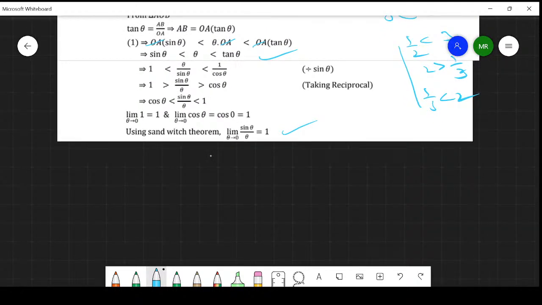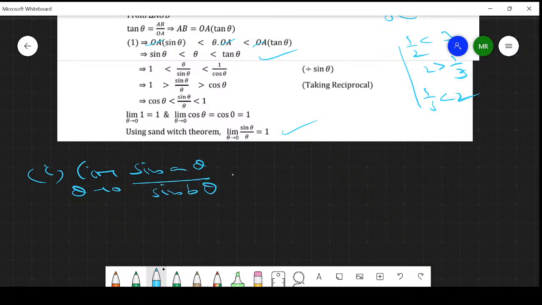Just see, after doing this, the problem they have given: limit theta tends to 0, sin a theta by sin b theta. So what I will do is, using this result we should prove.